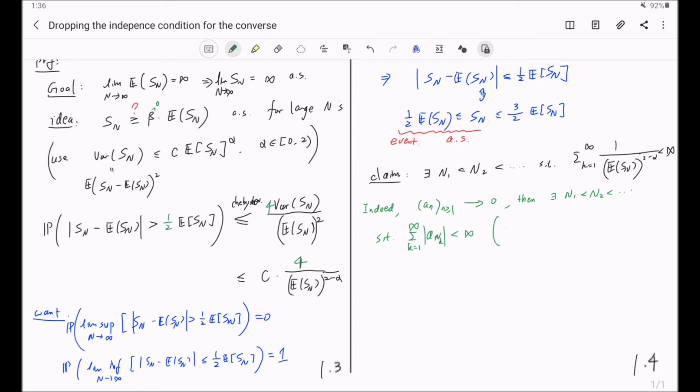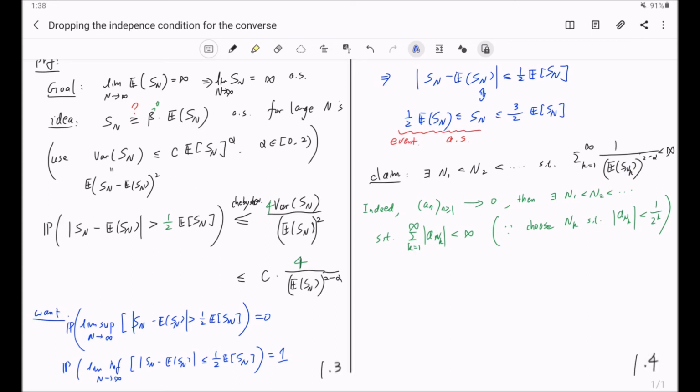This is because you can choose n sub k such that the absolute value of a n sub k is bounded, say, by 1 over 2 to the kth power. And when you take the sum of this, you have found an upper bound for this infinite sum, which is finite, because it will be the summation of a geometric series. Sorry, I made a typo here, so the subscript should be n sub k.